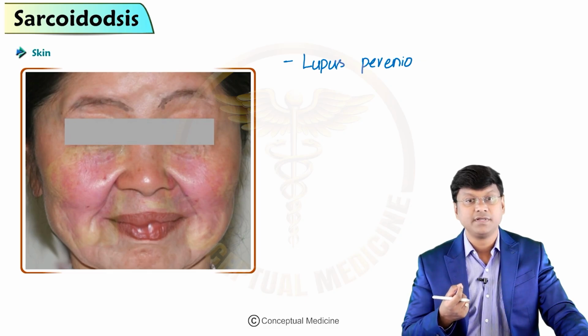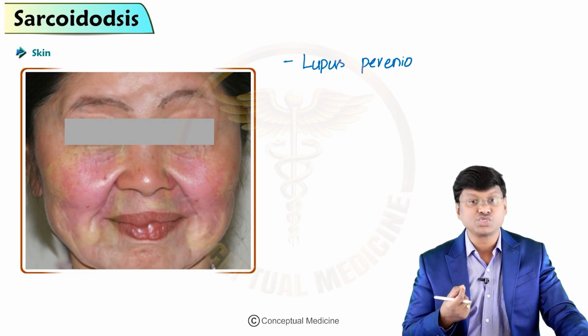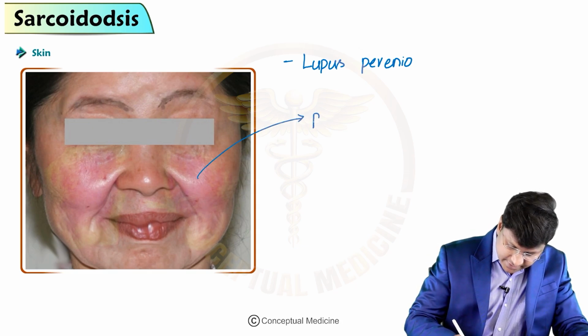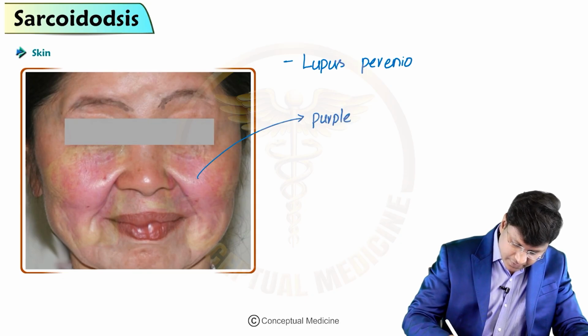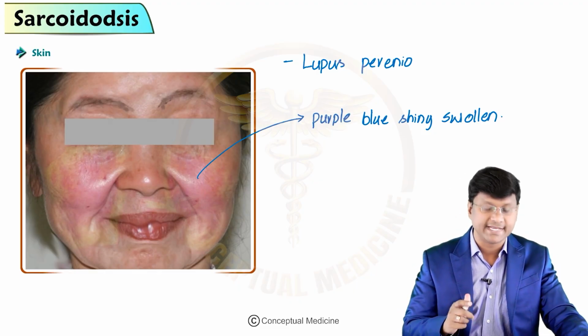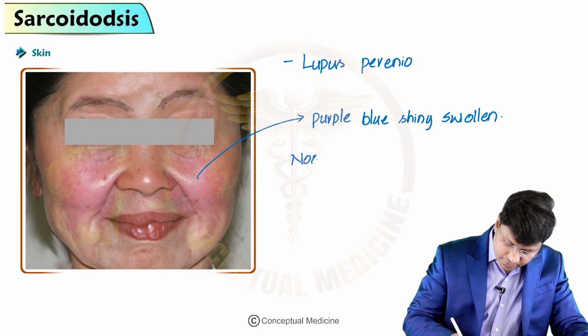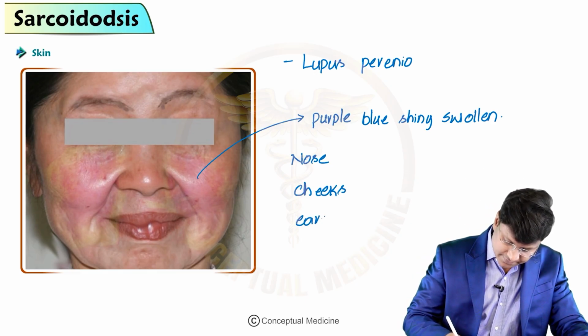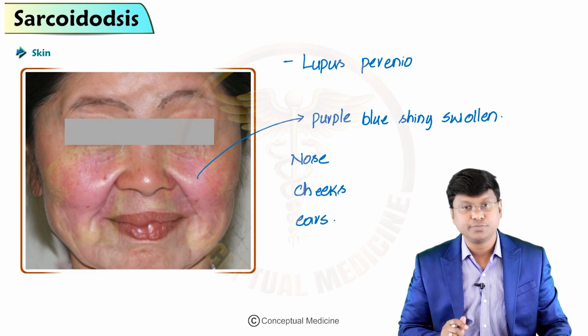You will have purple blue, shiny, swollen lesions over the nose as well as the cheek, and on the ears. You can observe that here. So this will be your lupus pernio.